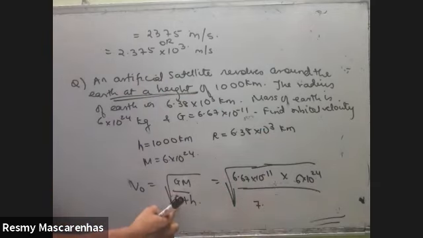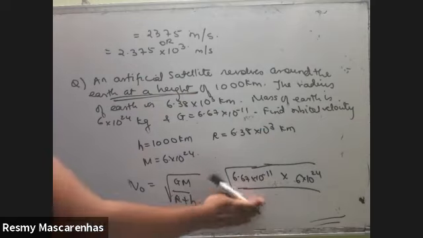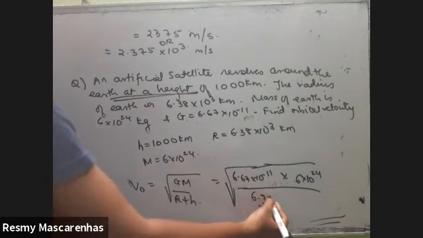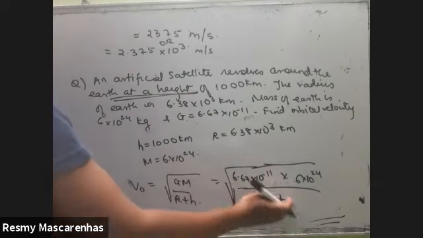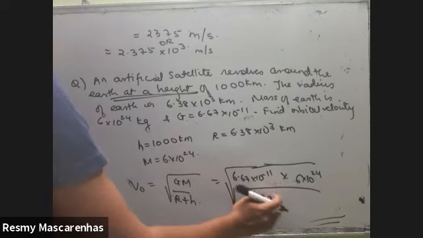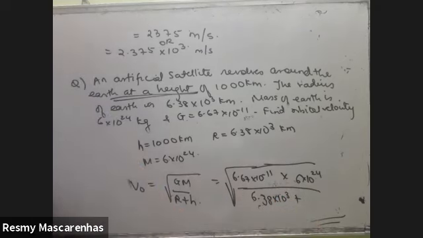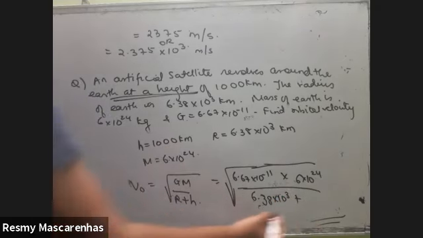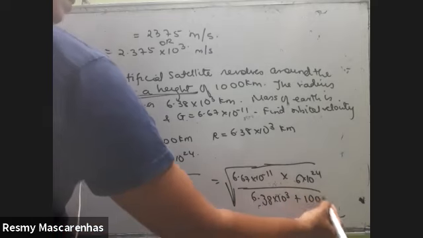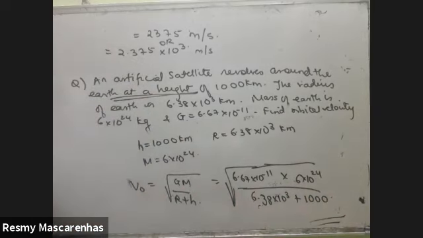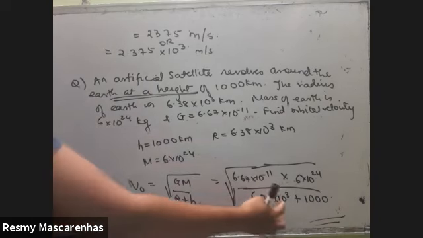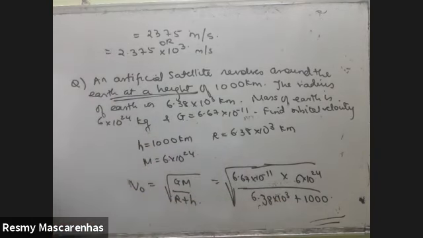How much has R been given? Total 6.38 into 10 raised to 3 plus 1000. Means basically you have to multiply it by 1000.